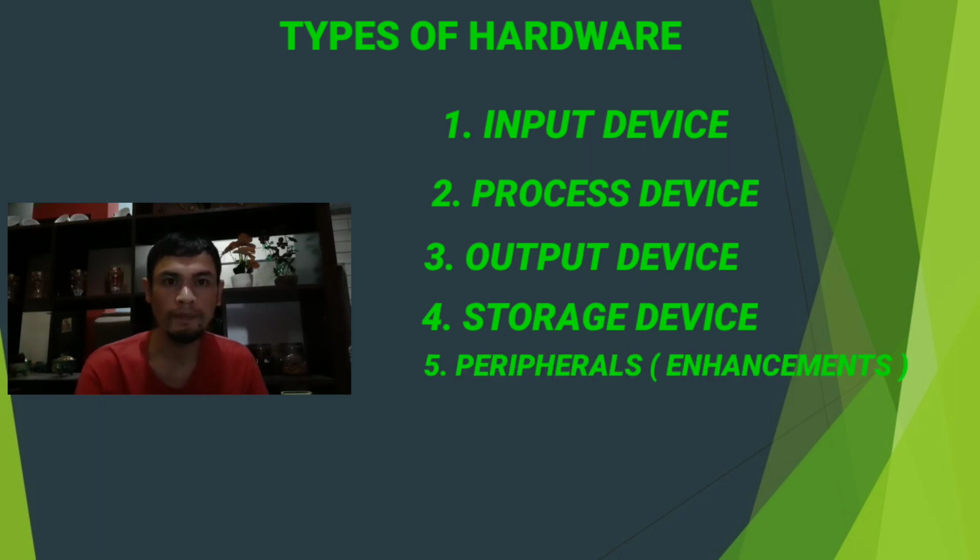Number 5. Peripherals or enhancements. Additional tools are useful in helping the computer execute user commands. This device is generally referred to as a peripheral, which is usually used in connecting computer devices to the internet network.